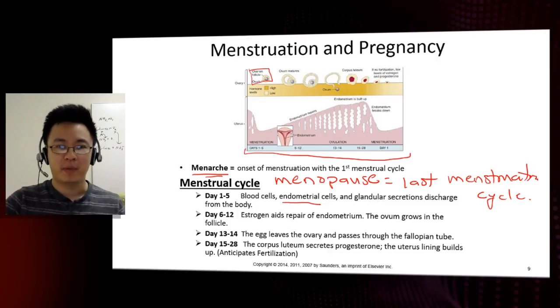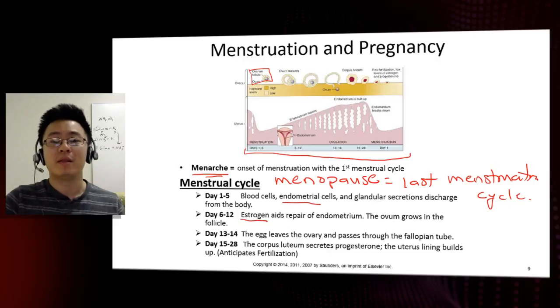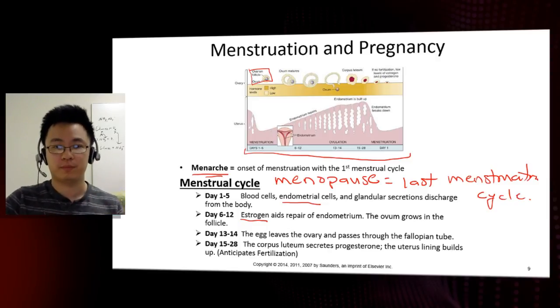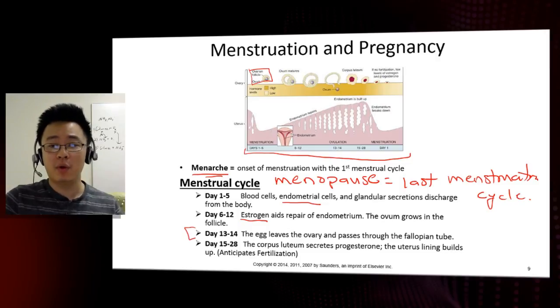Not ready yet. Now, at days 6 through 12, the hormone estrogen, which is the female equivalent of testosterone, aids in the repair of the endometrial lining so that it prepares itself for implantation of a fertilized zygote. And a select ovum begins to grow. At days 13 and 14, the egg cell leaves the ovary and passes into the fallopian tube.